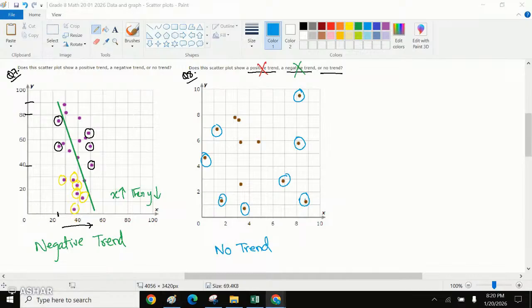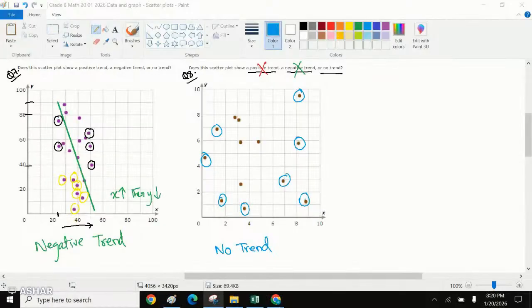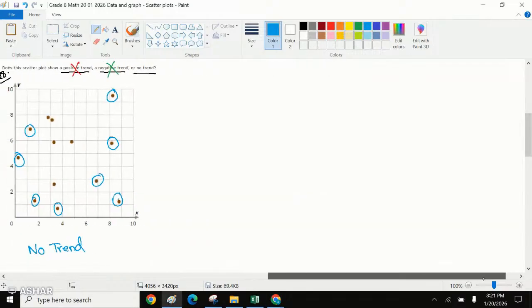Okay, the next question we have is, they're asking, does this scatter plot have a positive, negative, or no trend? Okay, let's compare.